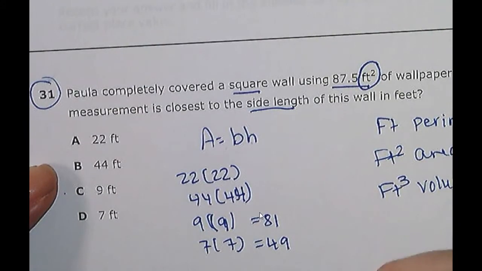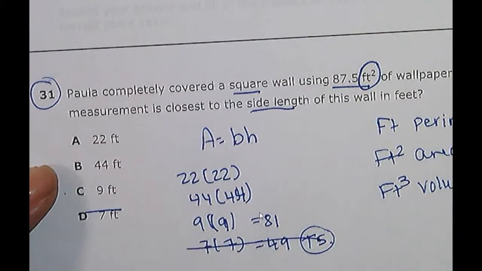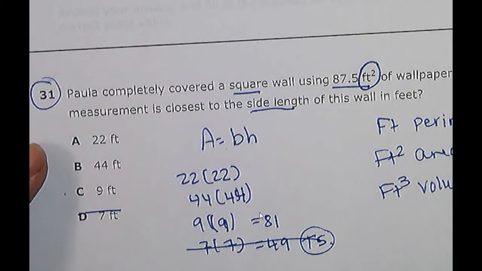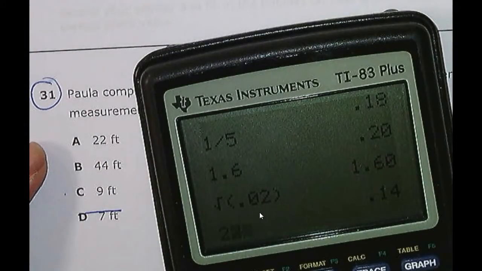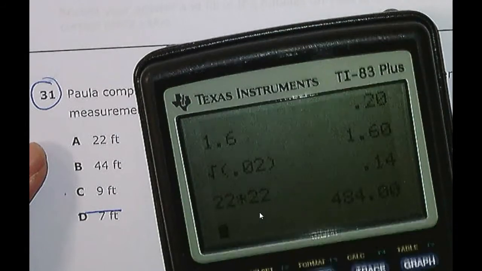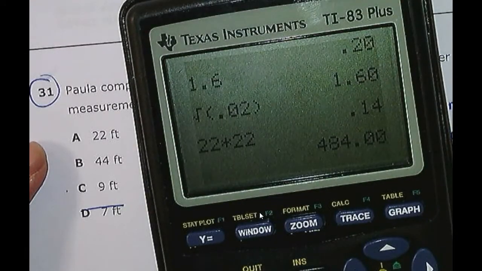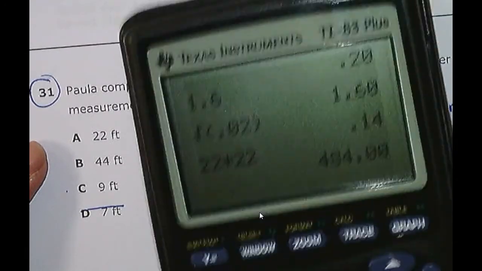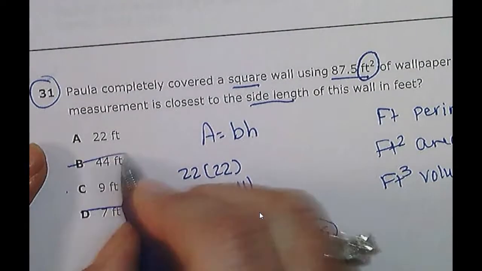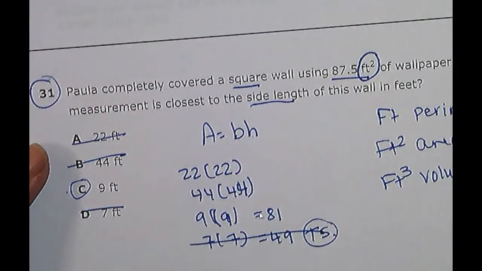I think that's too small. D's out. I think 22 times 22 is more than 100. And I think 44 times 44 is way more than that. We can test it. 22 times 22. Yeah, 400 something. And I think the 44 times 44 is a lot bigger. So these are wrong. I kind of like C myself.